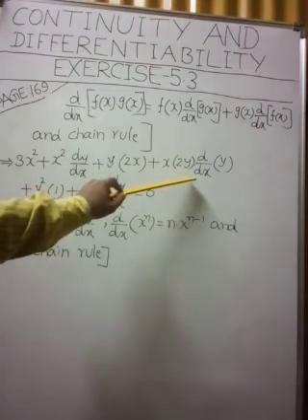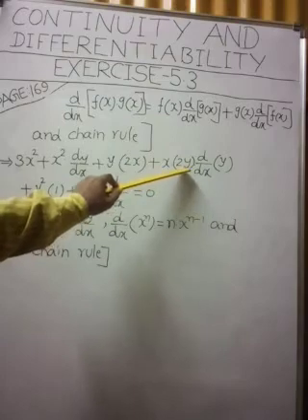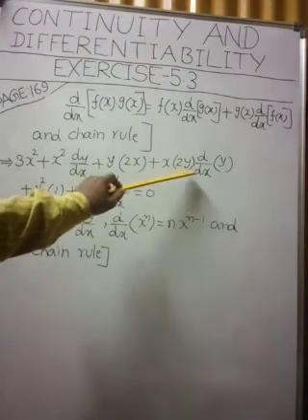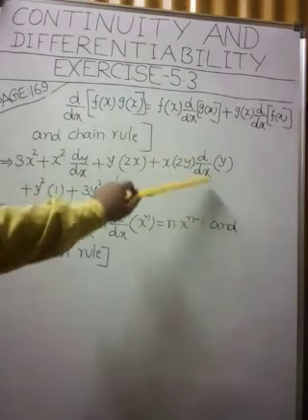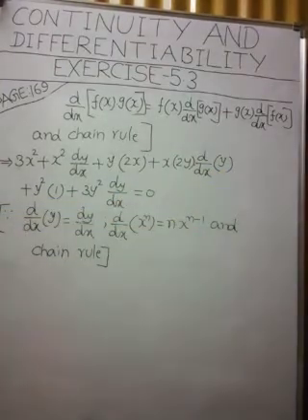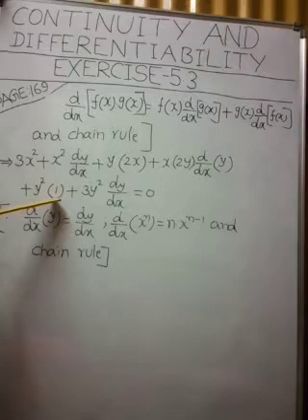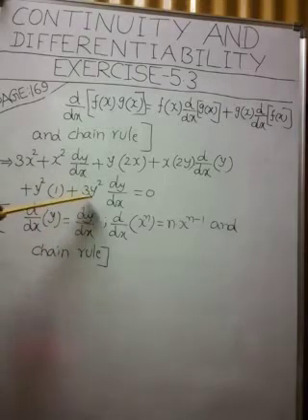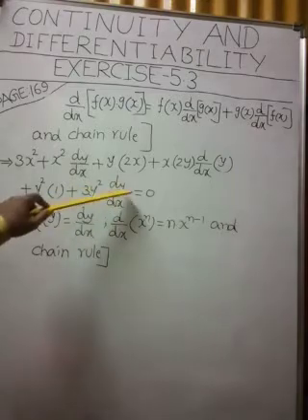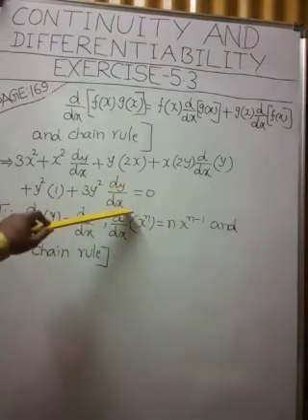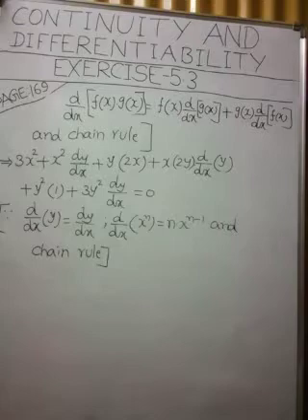D by dx of x power n formula here also. So and chain rule. So y square derivative 2y into d by dx of y. Okay, my children? Plus y square into here d by dx of x, 1. Understood this term, my dear children? Plus 3y square into d by dx of y, which means dy by dx. Understood all these terms, my dear children?